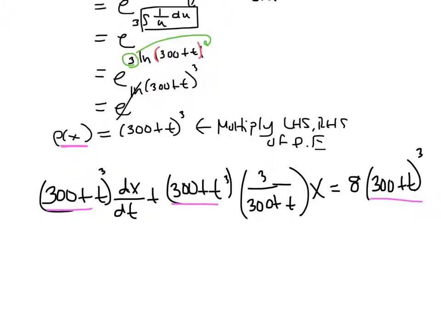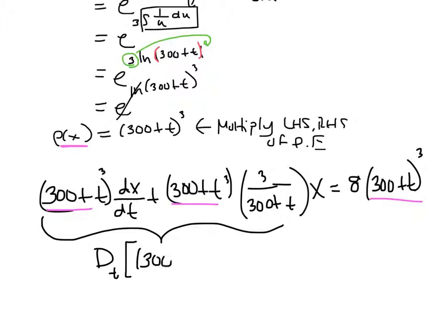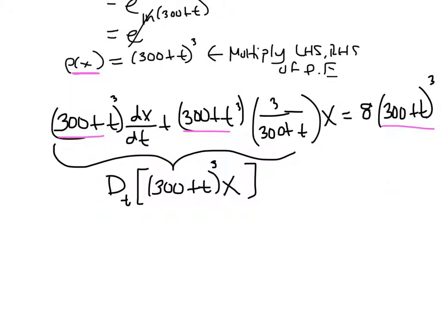So the book called it big D sub t, and this is really the derivative of (300 plus t) cubed times x of t. If you want to write this as d/dt, that's fine.